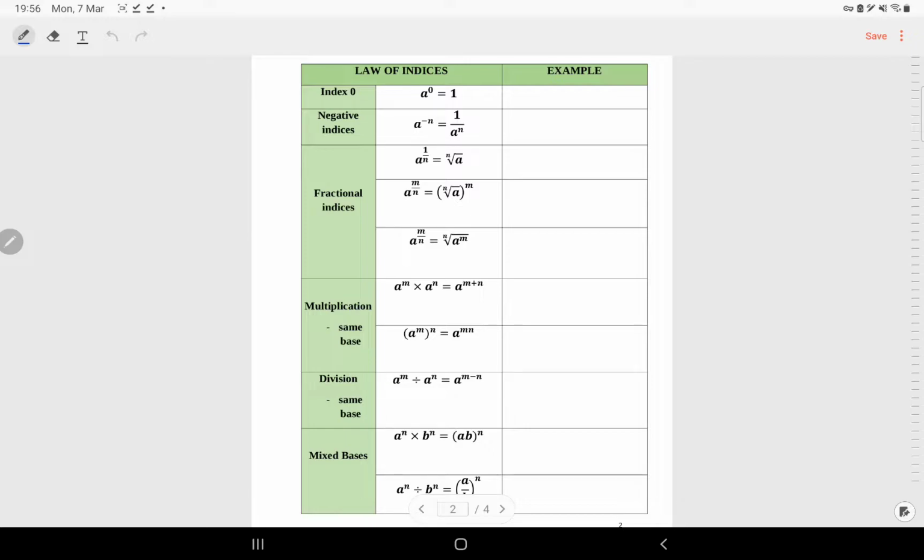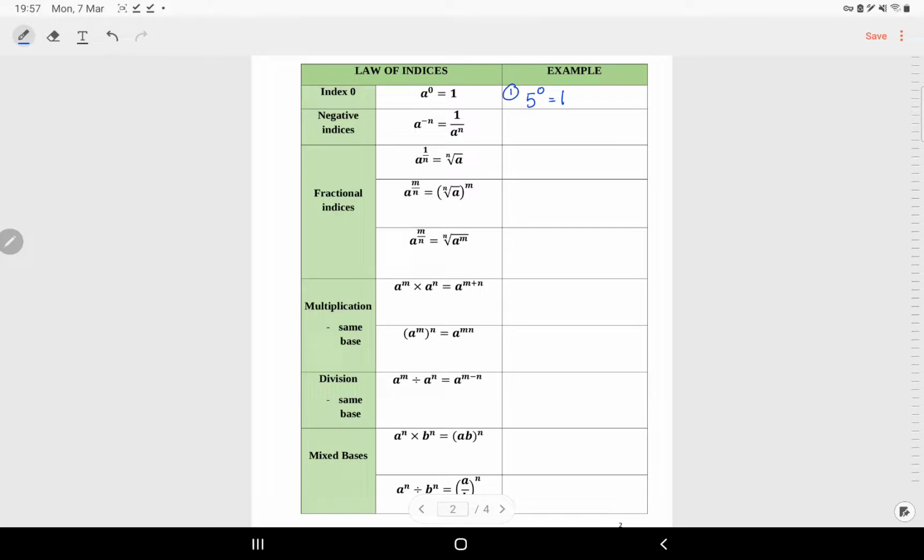Let's have a look at the first law, index 0, meaning power 0. Anything to the power 0 is equal to 1. It doesn't matter if they are big numbers or small numbers, anything to the power 0 is equal to 1.